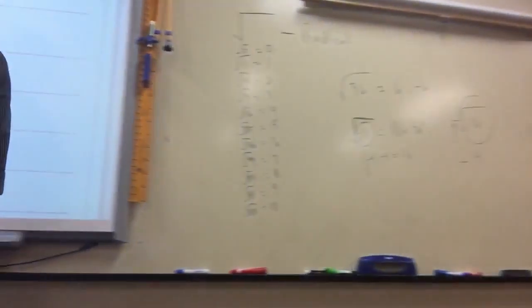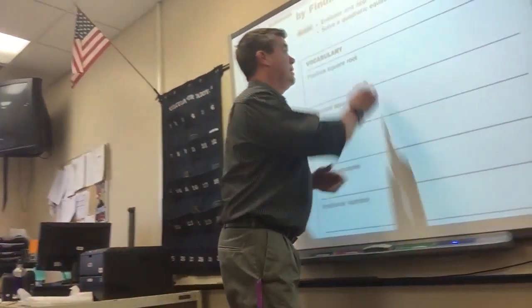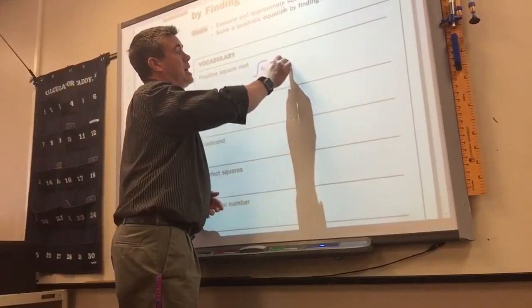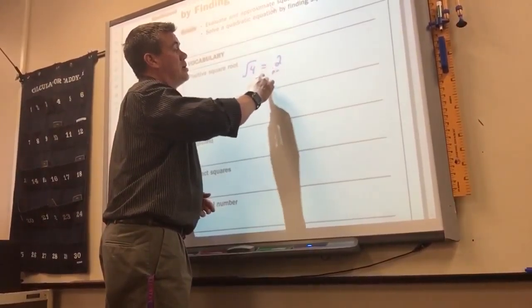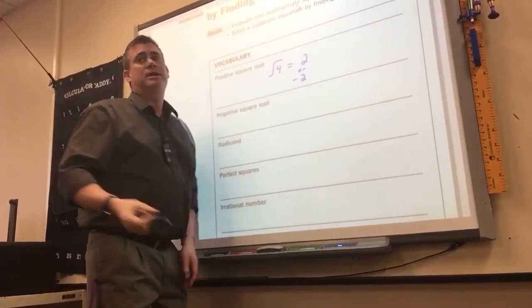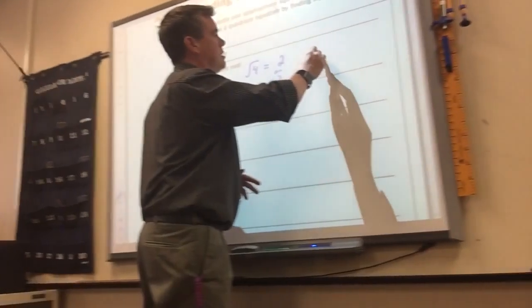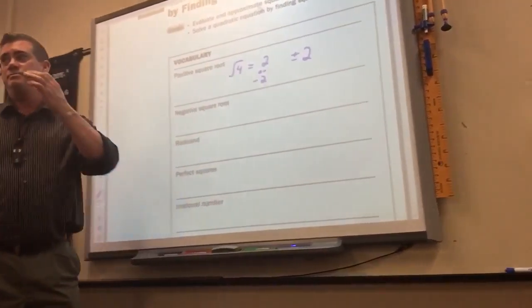So, positive square root, negative square root, just like I did for 36. The square root of 4 could equal 2, or it could equal negative 2. Positive 2 or negative 2. So remember, you can write them together to save time. You could write it like this: plus or minus 2.